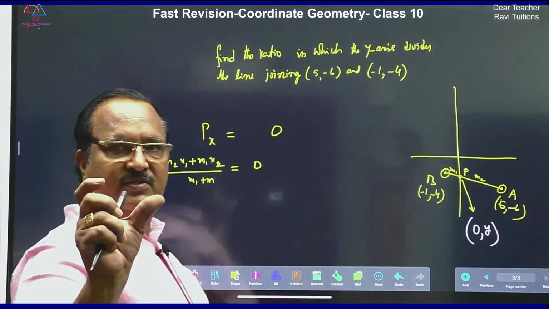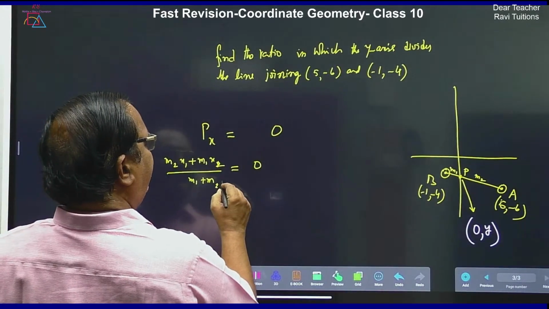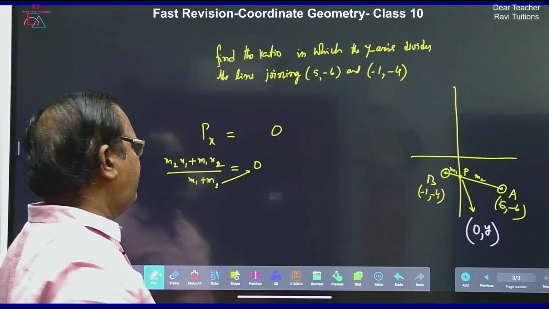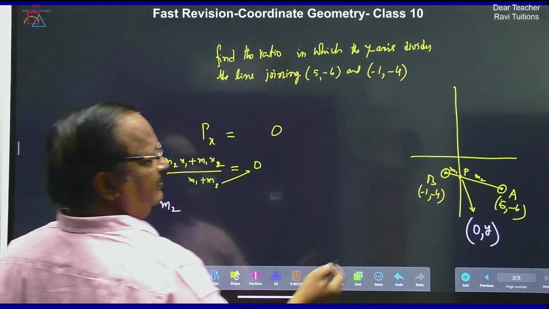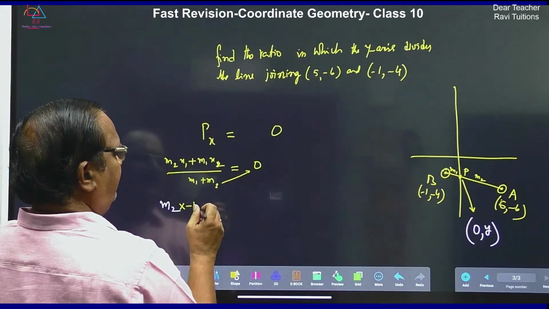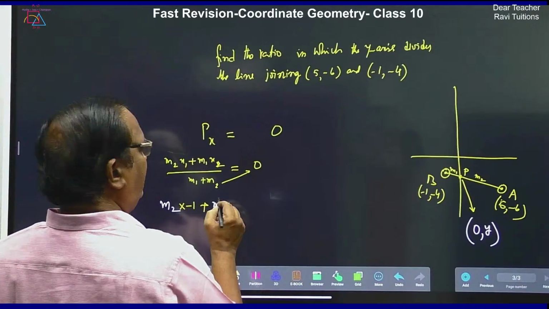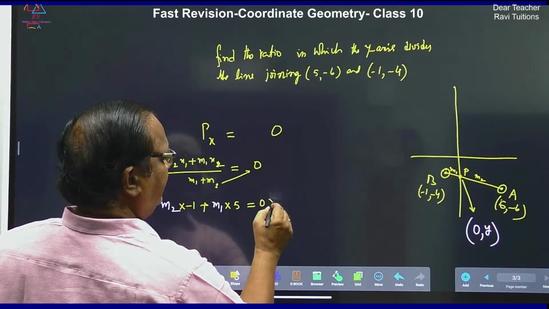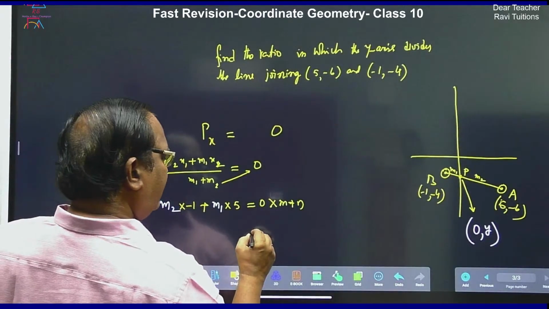R.S. Agarwal is also one of the good books. So now what happened? This denominator gets multiplied with 0 and vanishes. M2 into x1, which is minus 1, plus M1 into x2, which is 5, is equal to 0 into M plus N. So the right hand side is becoming 0.